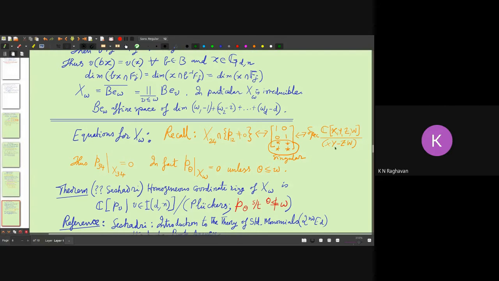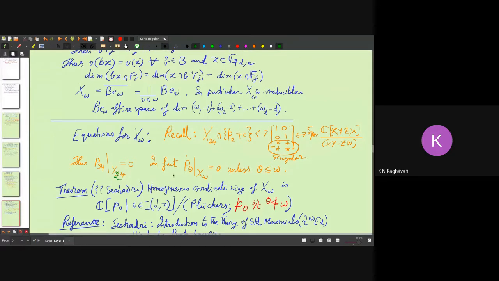You can think of this xy minus zw as this p34. So if I take p34 restricted to X34, it is just this determinant. Of course, here there's a mistake. It should be X24. Okay. Yeah. So this determinant is 0.